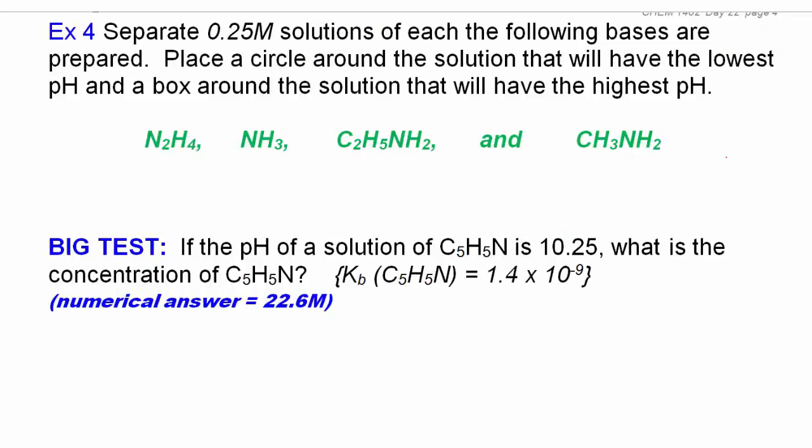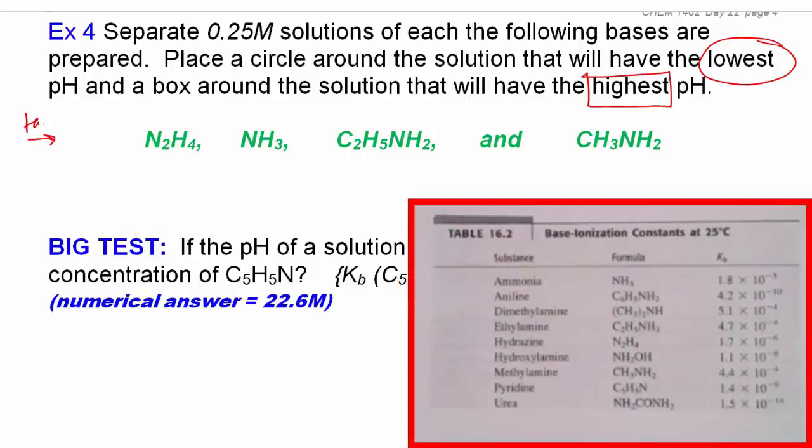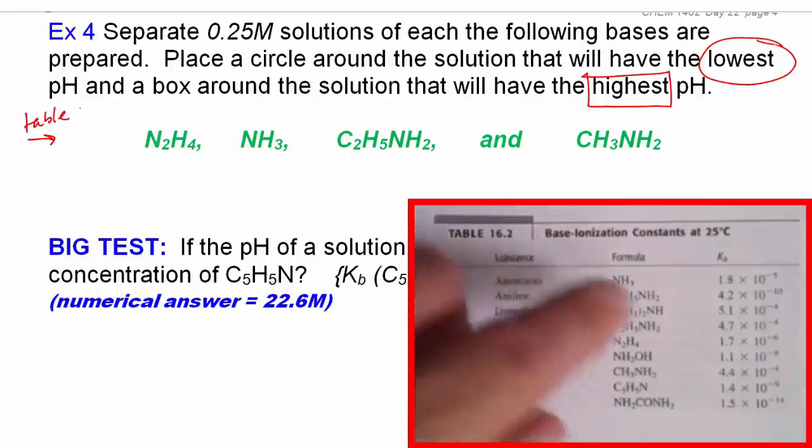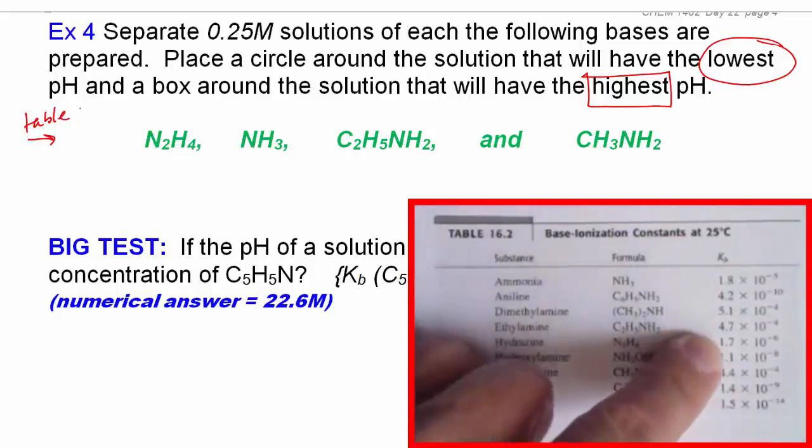Separate 0.25 molar solutions of each of the following bases are prepared. Place a circle around the solution that will have the lowest pH, and a box around the solution that will have the highest pH. Okay, so all of these are bases in our table. So what's our game plan? Well, in our table, we've got all the Kb values. So just realize the bigger the Kb, the more basic it is, right?